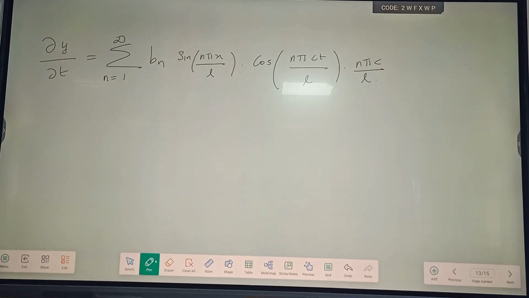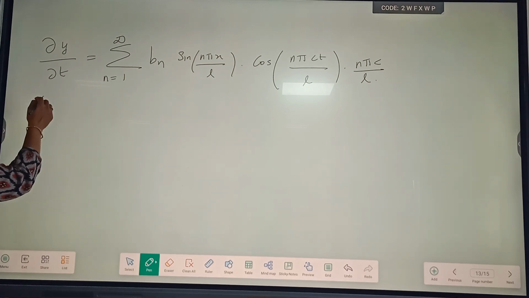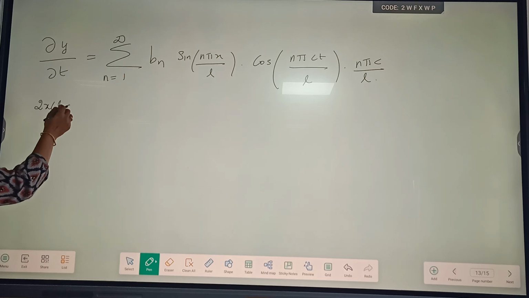So now I am going to apply the boundary condition at t equal to 0. This is what is given, 2x into L minus x.